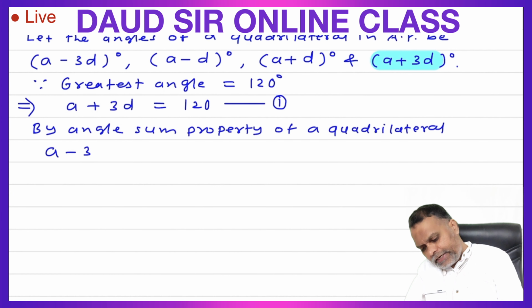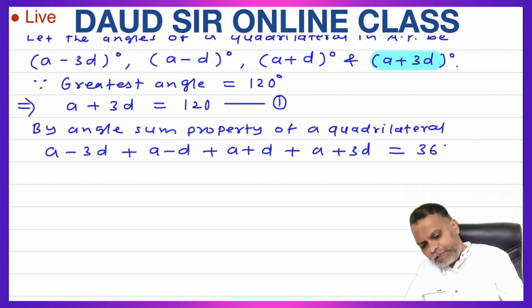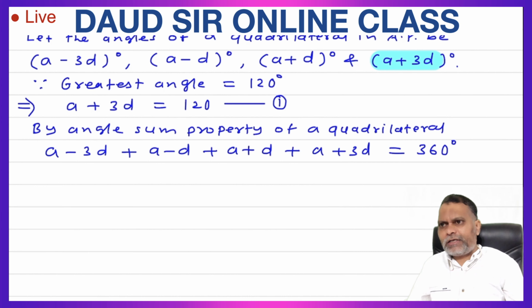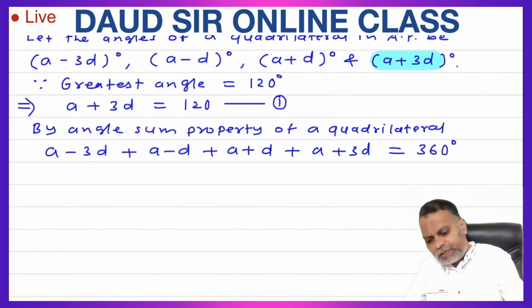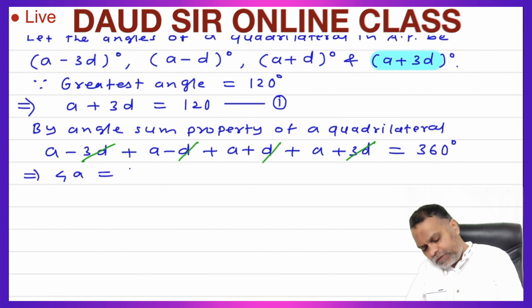A minus 3D plus A minus D plus A plus D plus A plus 3D is equal to 360 degree. All the angles in degree here. So minus 3D plus 3D gets cancelled. Minus D plus D cancelled. A 4 times. So 4 times A is equal to 360.